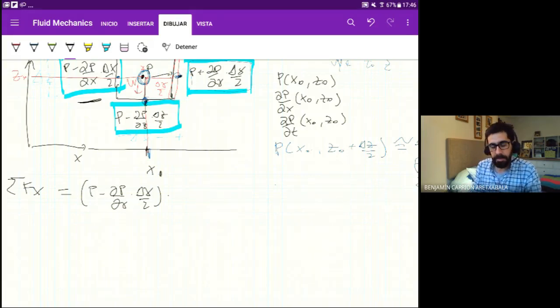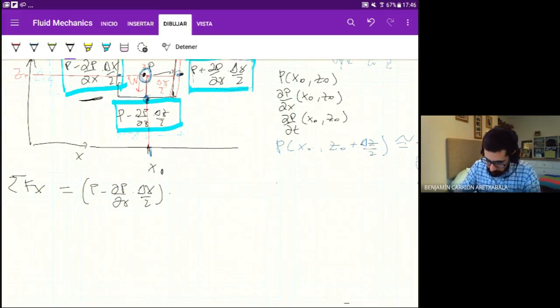We're doing this all per meter of depth, so we only need to multiply by delta z.